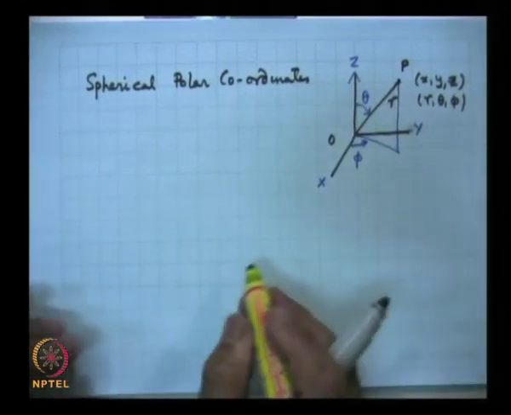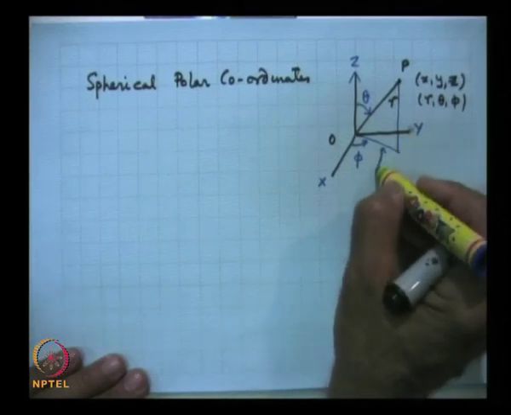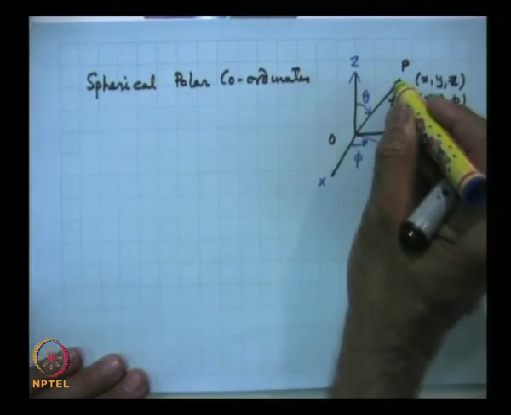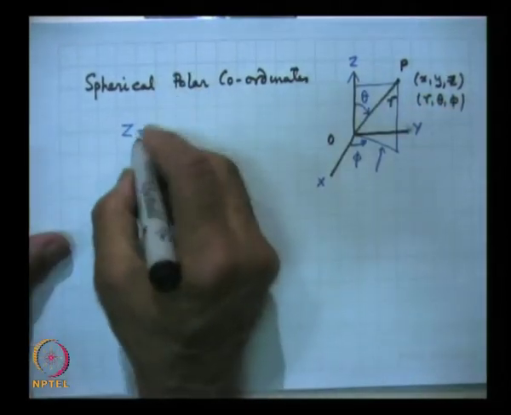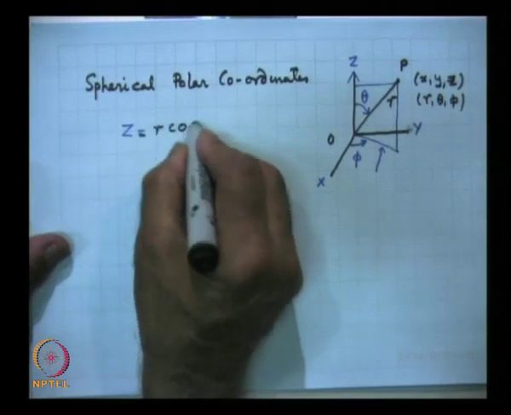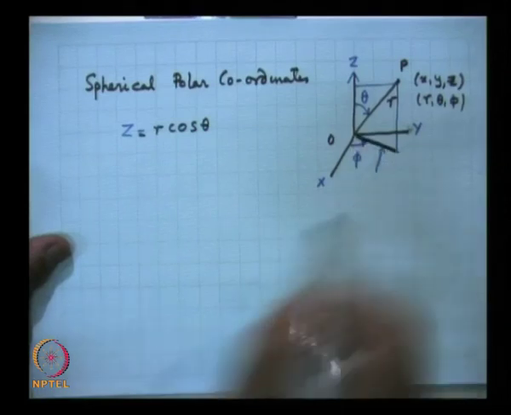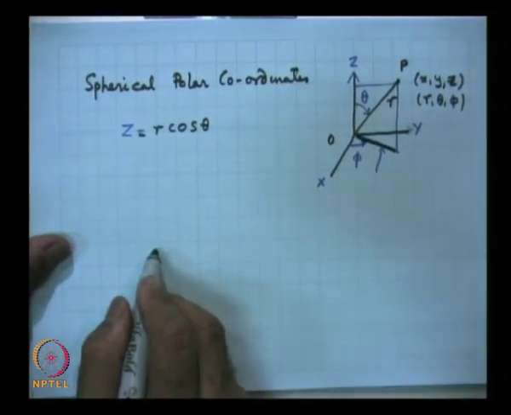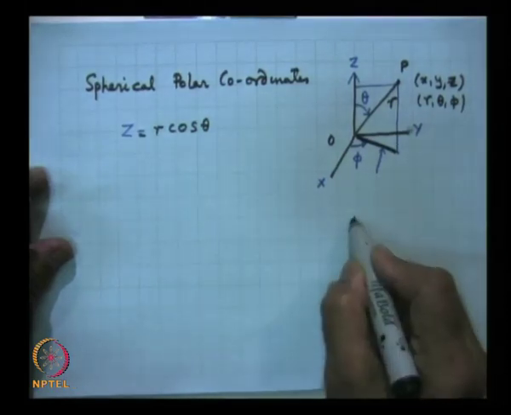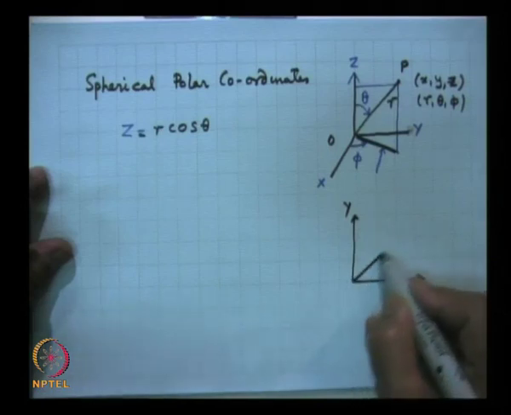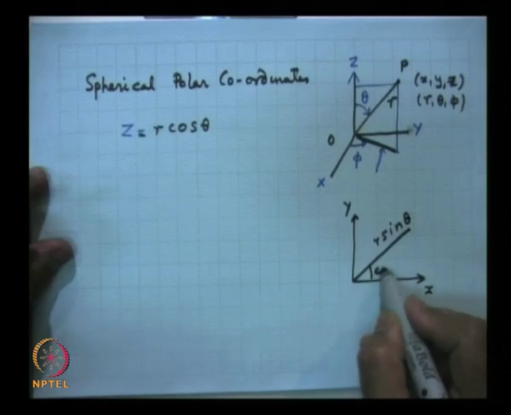Therefore, the z coordinate is equal to r cos theta, and if I drop the perpendicular here, this length will be r sin theta. On the xy plane, with the x and y axes, this distance is r sin theta and this angle is phi.